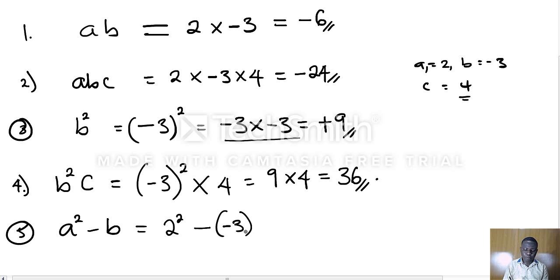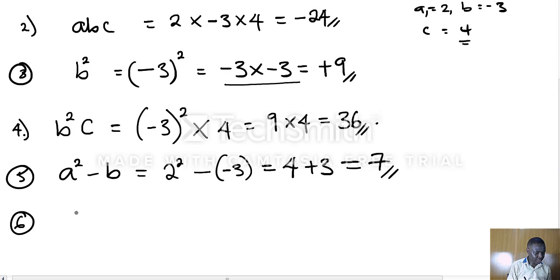I have to put this in bracket because the negative sign will affect my value of B. So this is equal to 2 squared can be said to be 4, while I will use the minus to open the inner bracket, the bracket shielding -3, and this is going to be +3, and 3 plus 4 is said to be 7.